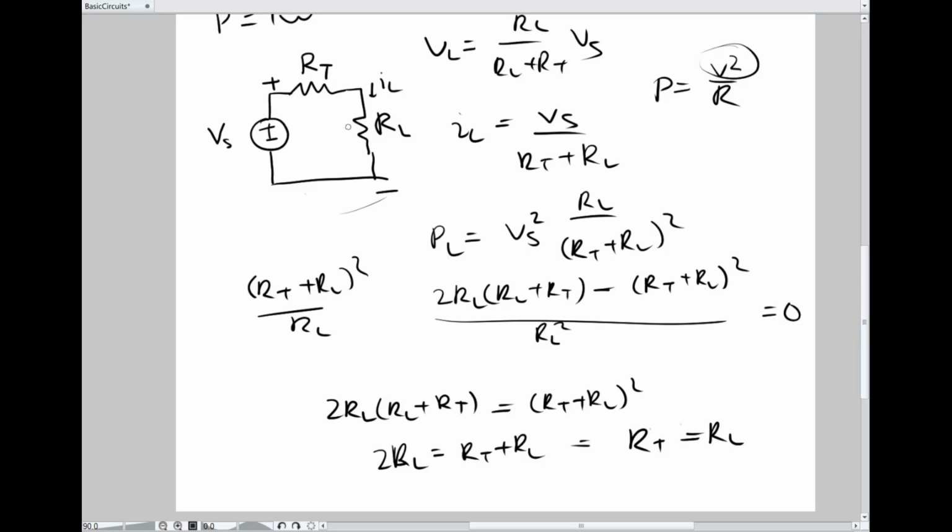In the case where we were varying this resistance, we were varying the R as well as the V. But if you vary a different resistance than the one you're dissipating power by, you're varying just the V. And so you just want to make the V as big as possible. So you want to make this expression as big as possible. So just make this 0. Right? Okay. Hopefully that's clear.